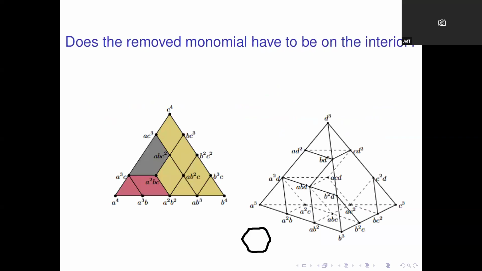And then one other thing that I think is a natural question: do we have to remove the monomial from the interior? And the answer is no, you totally don't, because if you want to remove it from the outside, you can still build, whoops. Okay, I can't actually annotate correctly, but you can still build out that thing. It's just that half of it is going to be missing because it heads off into not-part-of-the-simplex land.